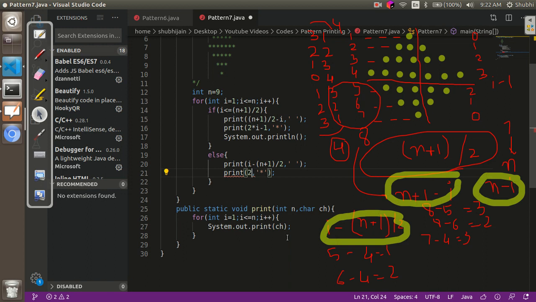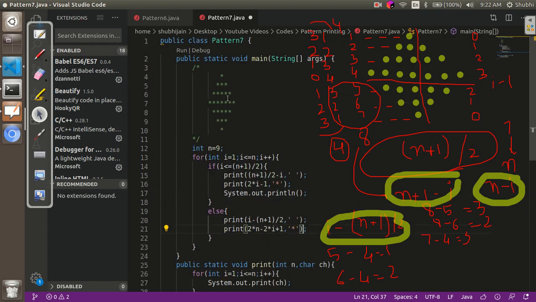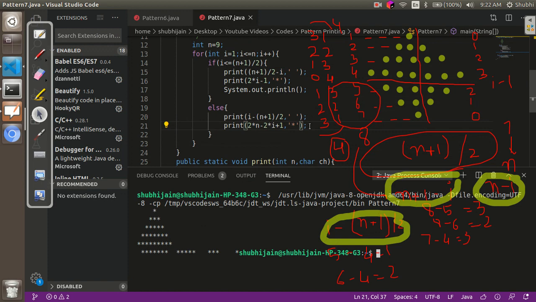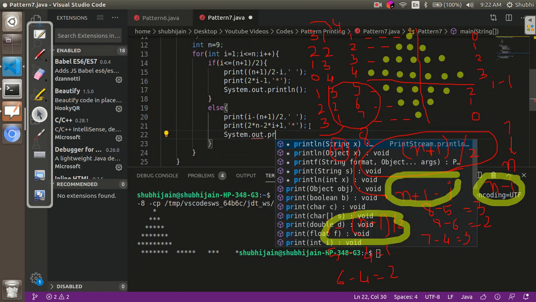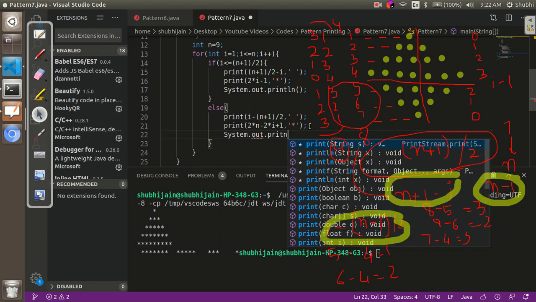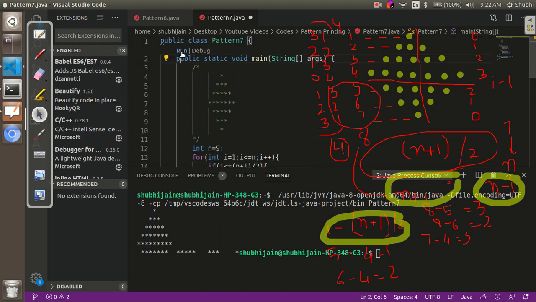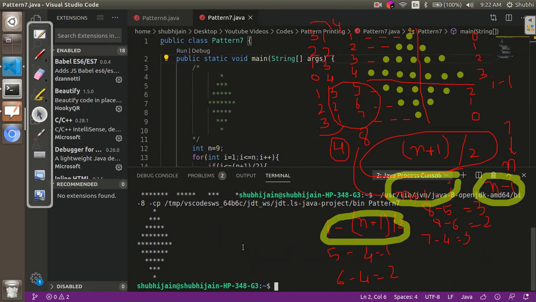It is 2 into n minus 2 into I plus 1. So let's see if our code works. The System.out.println. See, our pattern has been printed.